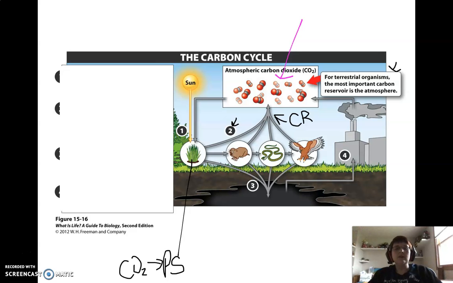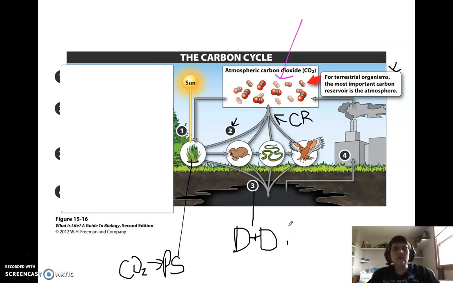But there are a few other things that can happen. Number 3, this is what I call D&D. Basically, organisms die and defecate. The big one is death. So these organisms die, and in the case of carbon, if they die in the right location, they can turn into oil or coal or natural gas.